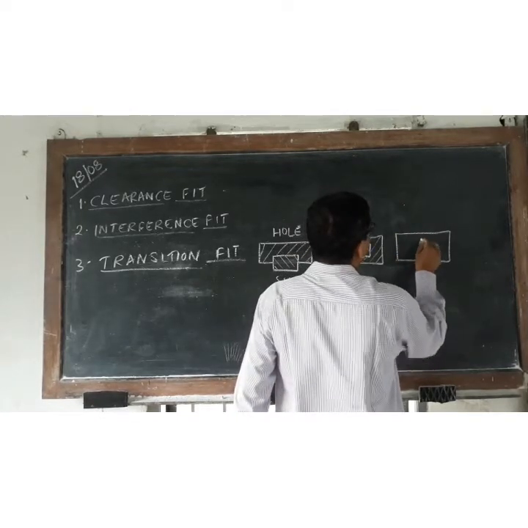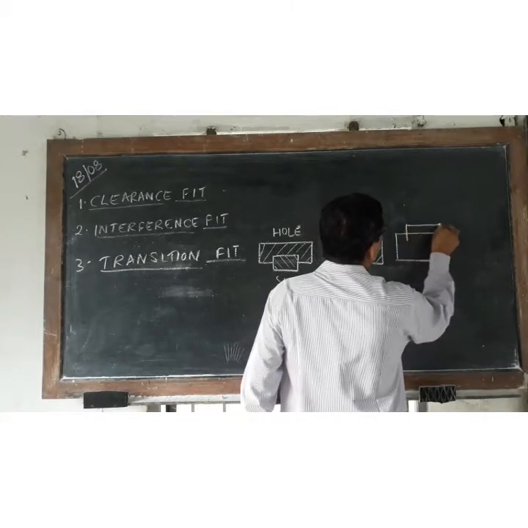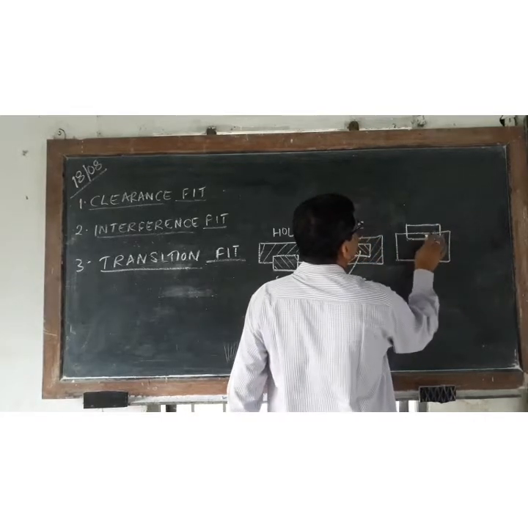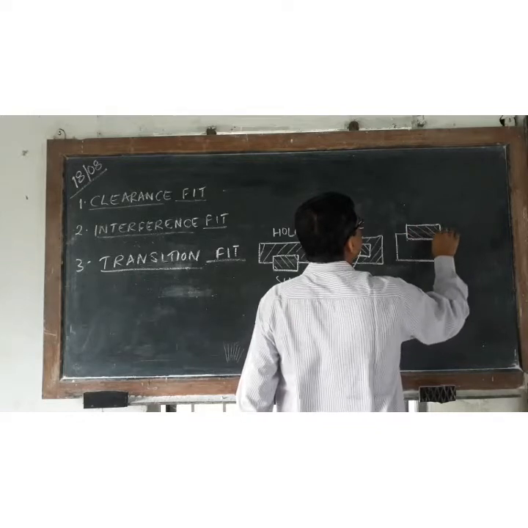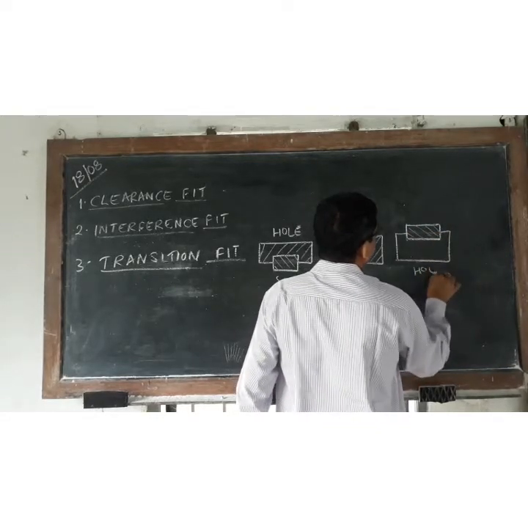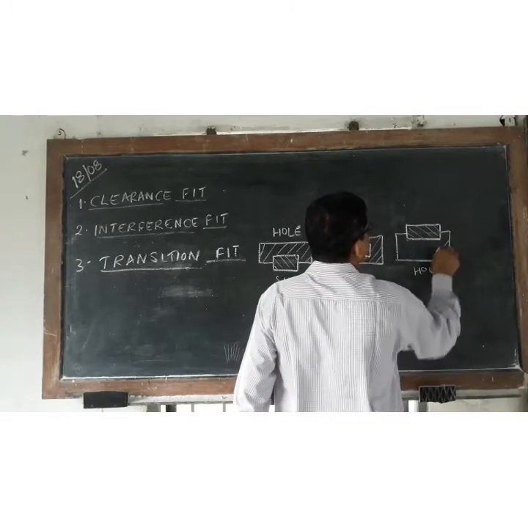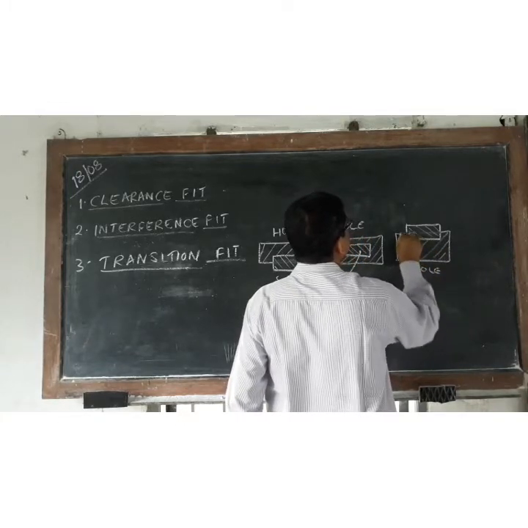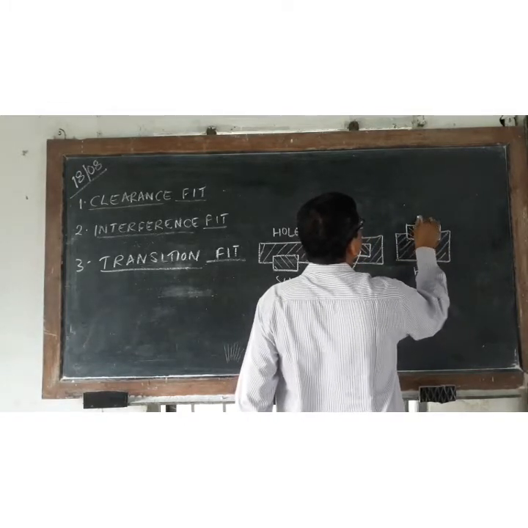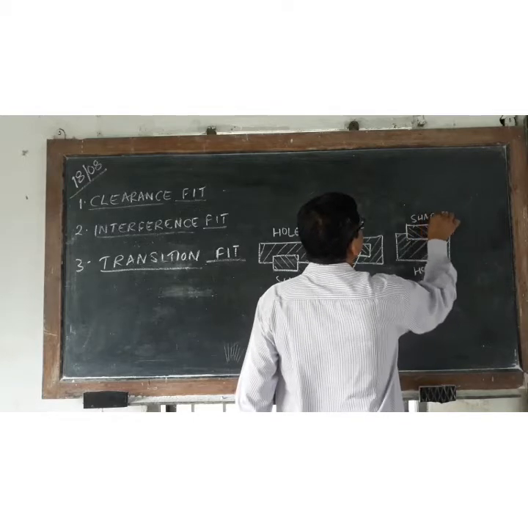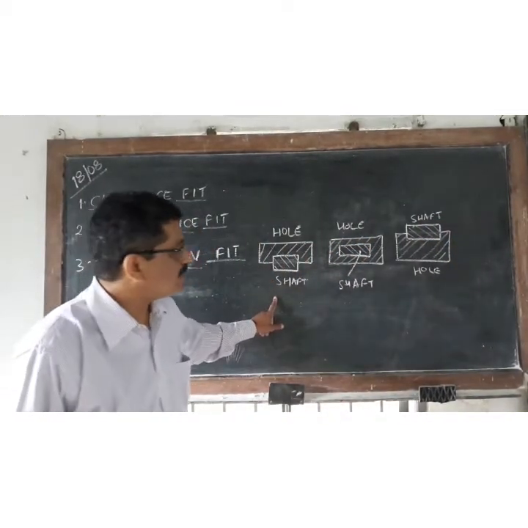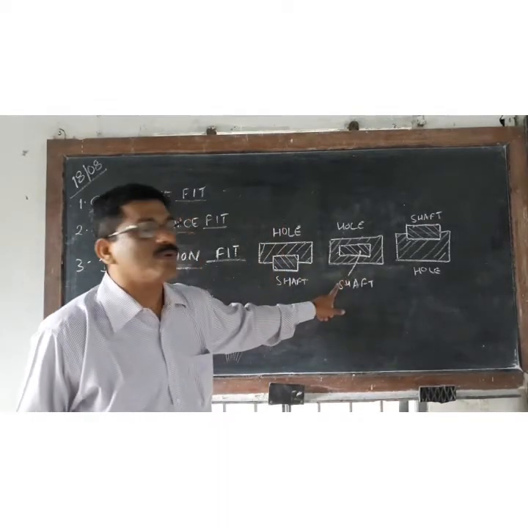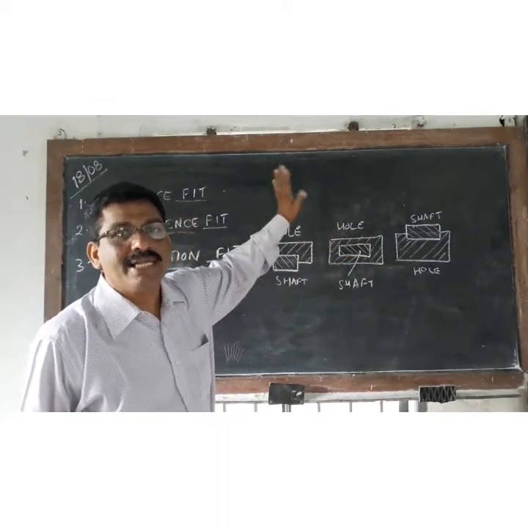This is a hole and your shaft is going above. So that's why it is called that sometimes it is a clearance, sometimes it is an interference, and sometimes it is going to overlap. So that's why it is called a transition fit.